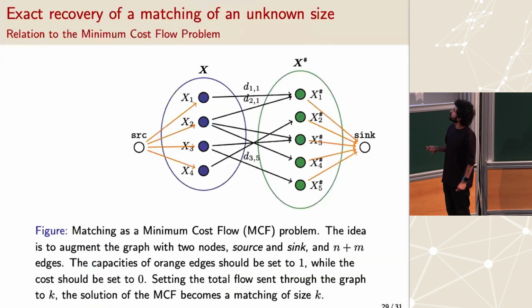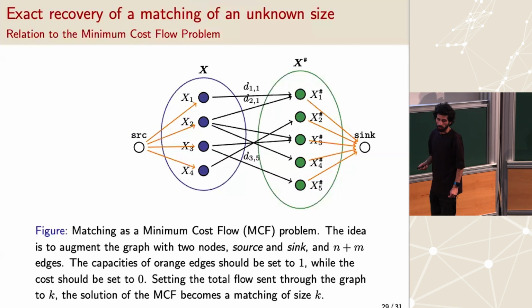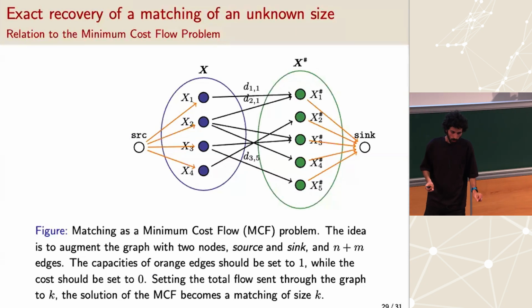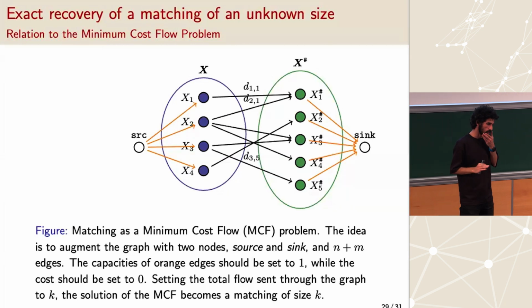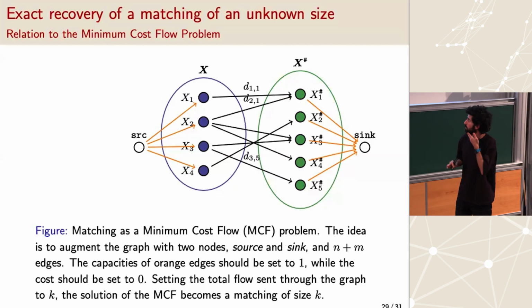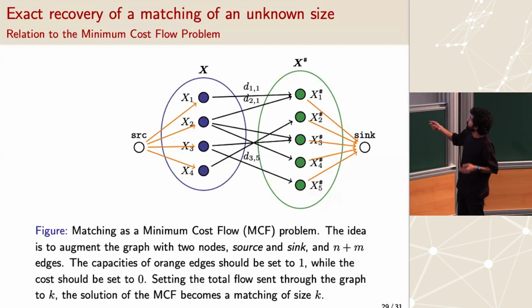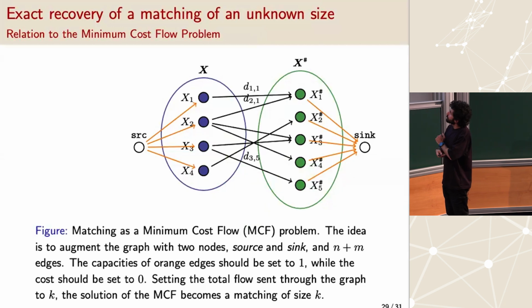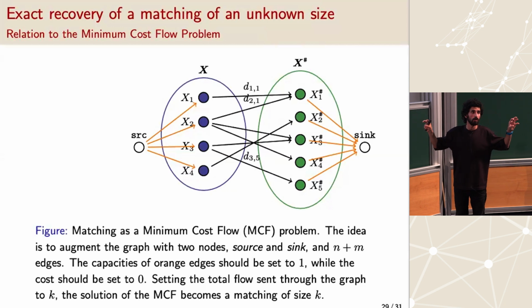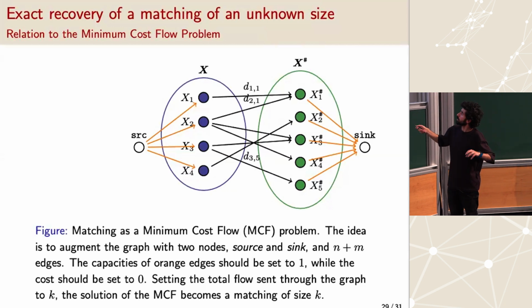Let me briefly give the idea of the minimum cost flow problem. We had our bipartite graph of our high dimensional observations and the distances between them, with n plus m vertices and n times m edges. Now we add two more vertices, one called source and one called sink.